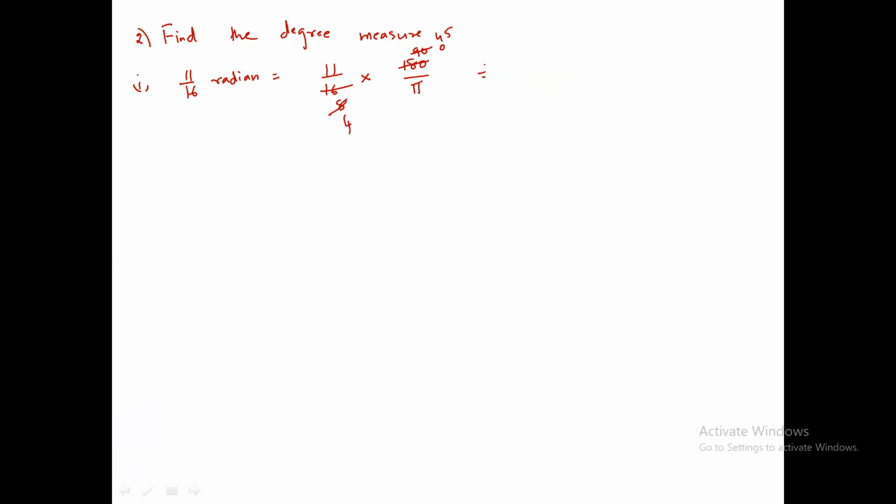That means in the numerator I have 11 into 45. In the denominator, I have 4 into pi, which is 22 by 7. Changed into degrees, it is 11 into 45 by 4 into 7 by 22. Like this it will be.